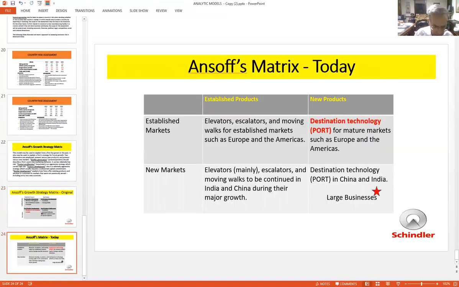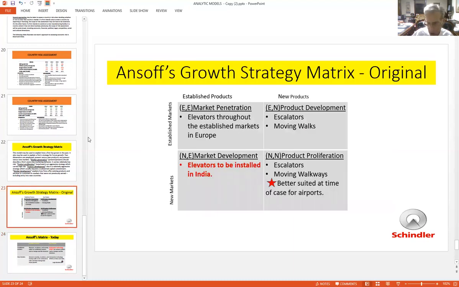So this was an exhibit that took a look at Ansoff today, its current business, and this was the original Matrix.